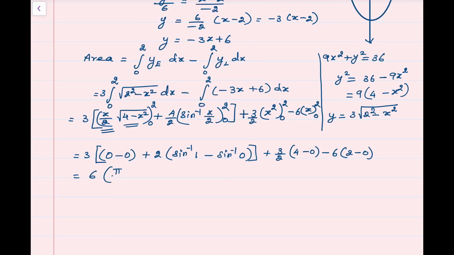Sine inverse of 1 is pi by 2, sine inverse of 0 is 0, and plus 3 2s are 6 minus 12. 3 pi minus 6 square units.